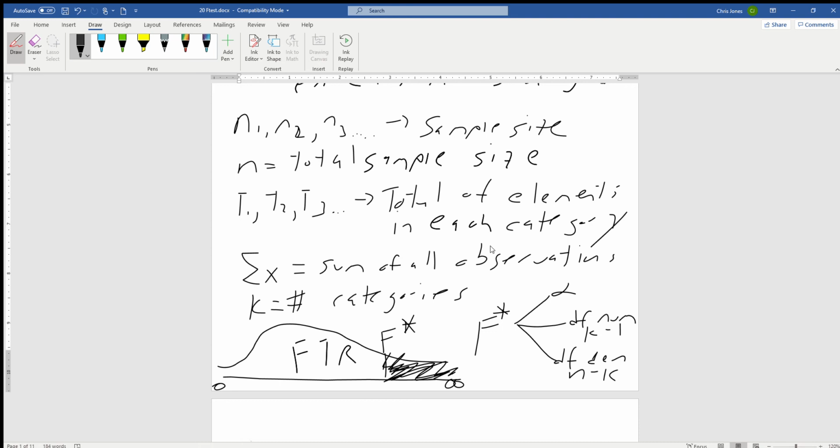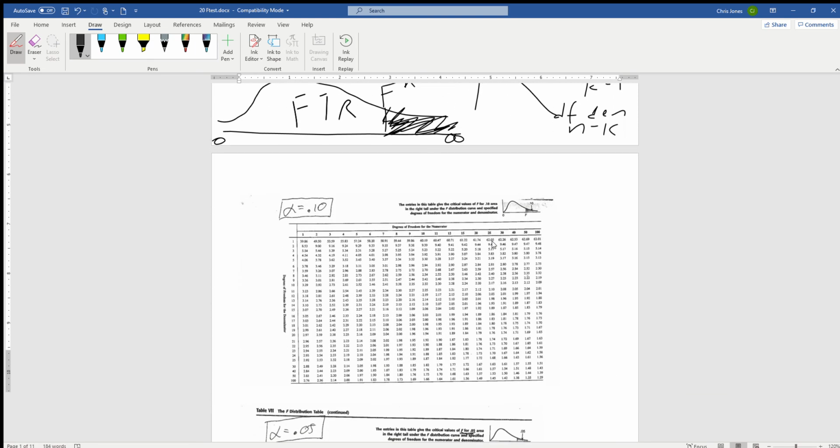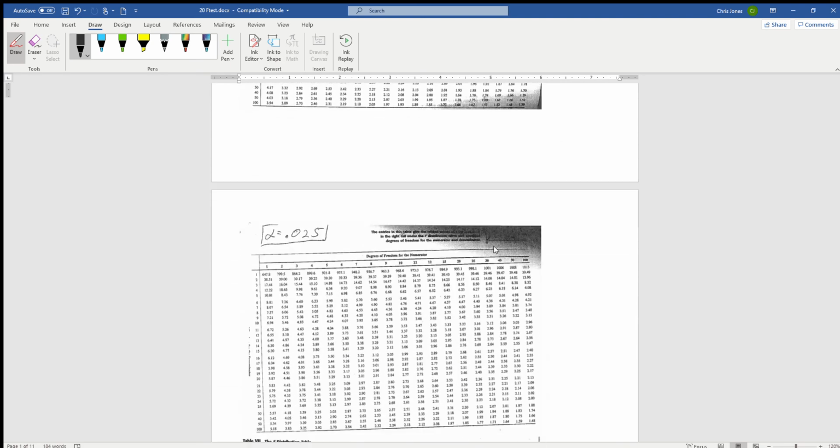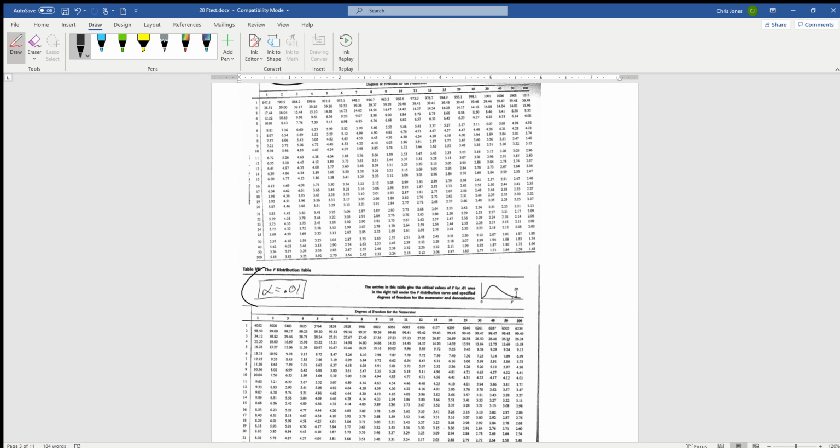Now the F table was different than the other tables because each page is a significance level. So what you're going to notice is that on each page there's a significance level. The first thing you want to do is identify what significance level you're looking at. There are 4 pages because there are 4 possible significance levels.